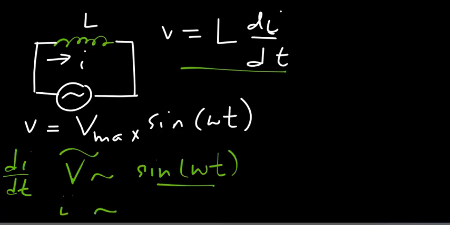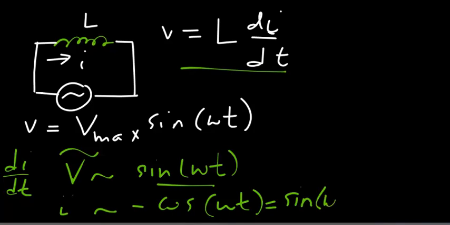The current must vary as an integral of sine omega t with respect to t. That means as minus cosine omega t. Minus cosine omega t can be expressed as sine omega t minus 90 degrees.